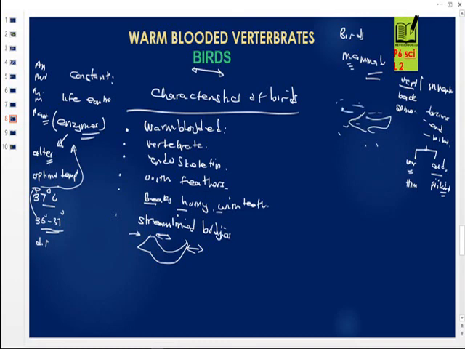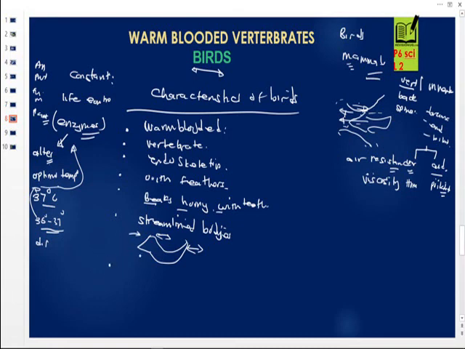If the bird is flying going this way, then the air is going this way, then we are going to have what we call an opposition. That opposition is what we call resistance, air resistance. Scientifically, this air resistance is called viscosity. That's why these birds are streamlined, such that as they are flying, the air will just pass over, and then the bird will move smoothly. So birds are streamlined in order to reduce air resistance or to reduce viscosity.